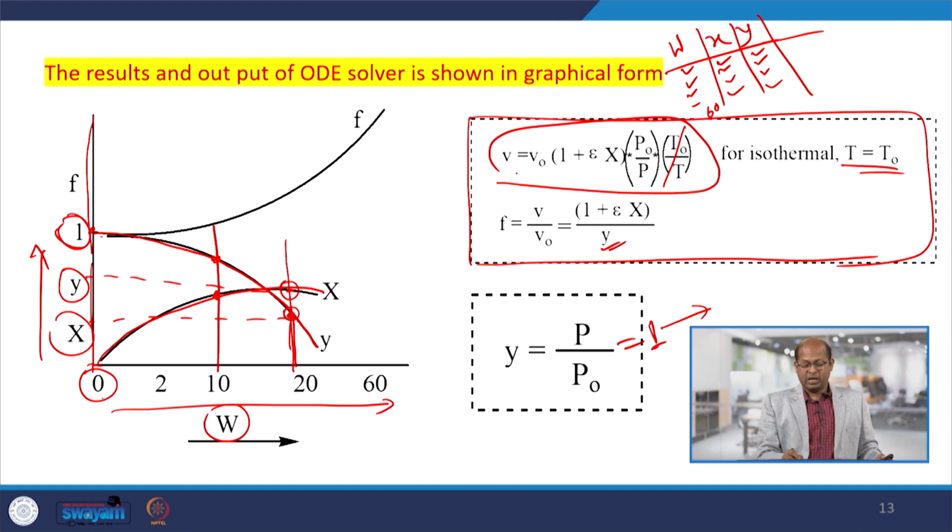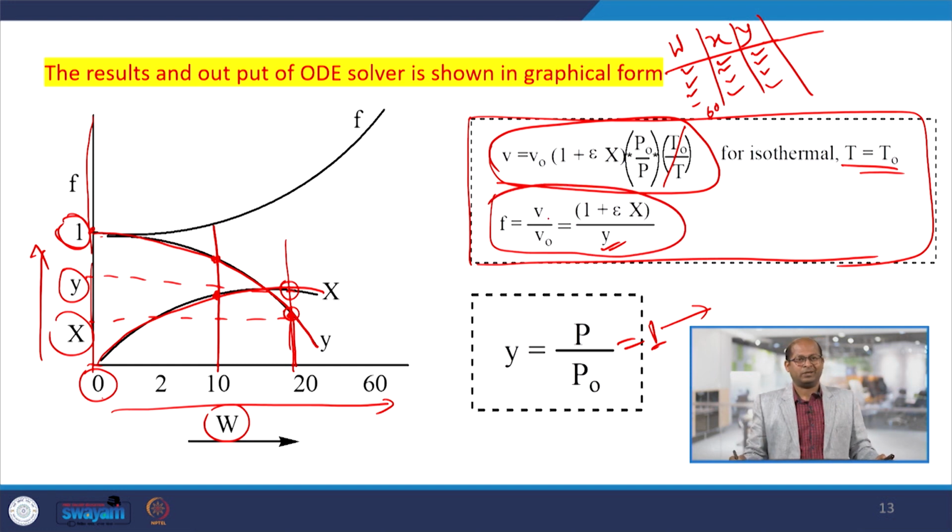Substituting it, we can express F equals the volumetric flow rate ratio V by V naught, where V naught is the initial volumetric flow rate and V is the flow rate inside the bed at any location. That will increase gradually. So, this is the pressure ratio, this is the fractional volume change, and this is the conversion.